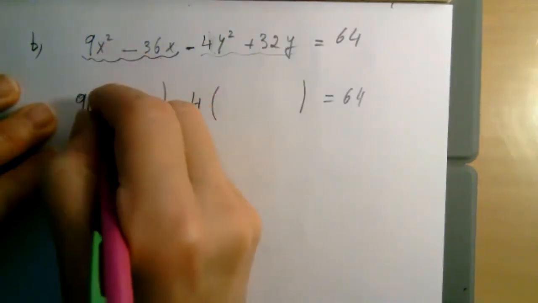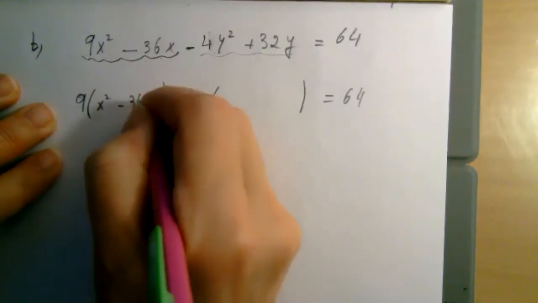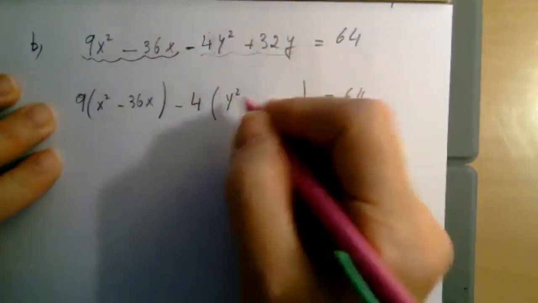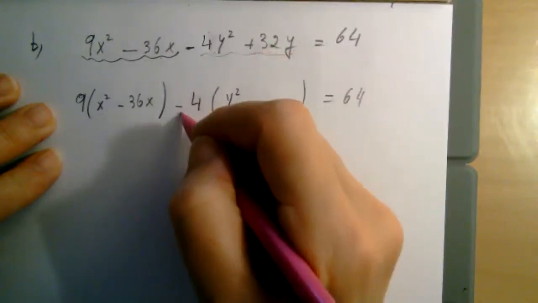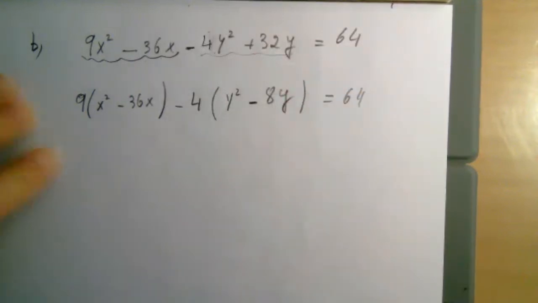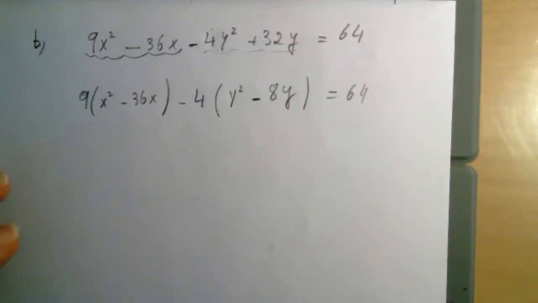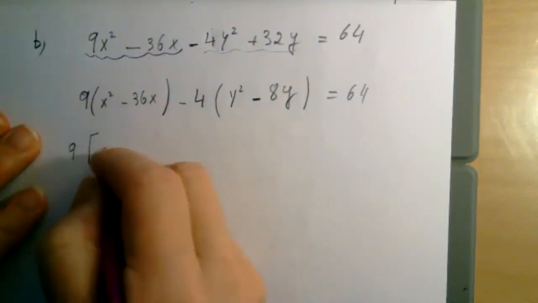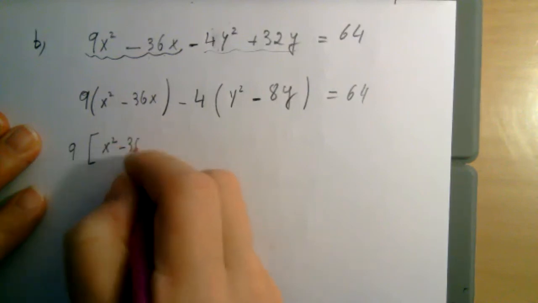After that, it's really systematic. We complete the square, and 32 over minus 4 is going to give me a minus 8y. So we watch the algebra very carefully. Now we complete the square and we finalize. So this will give me 9 times x squared minus 36x.